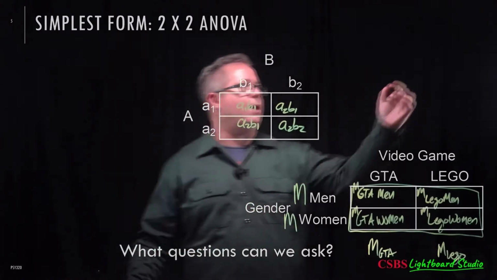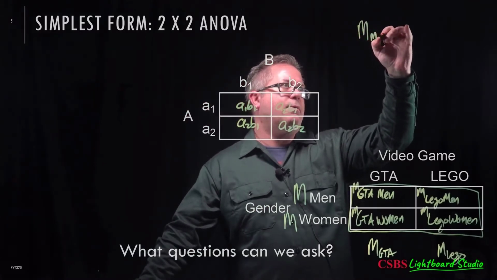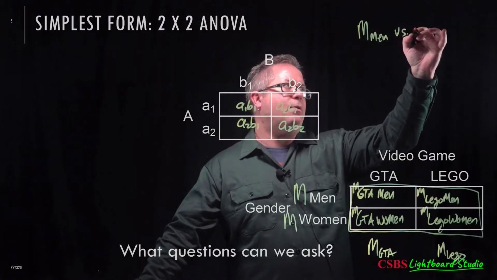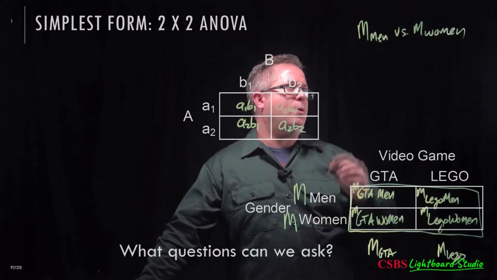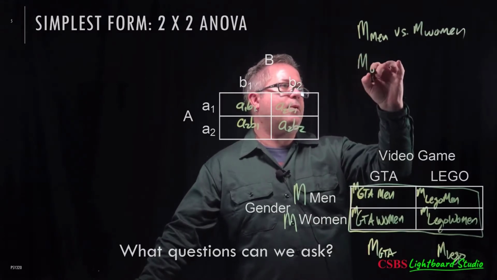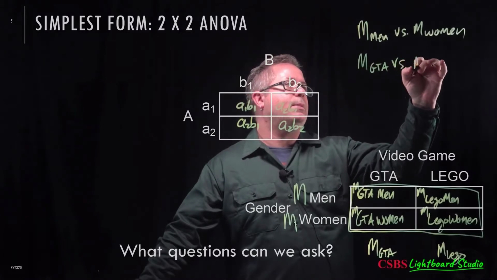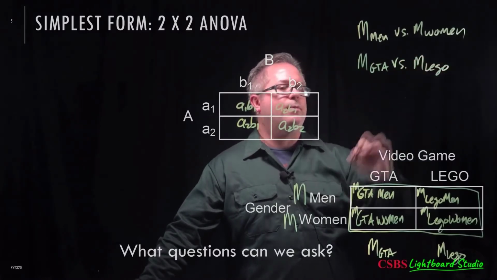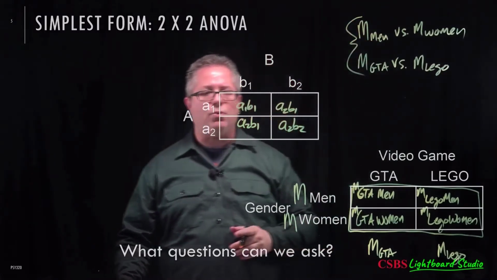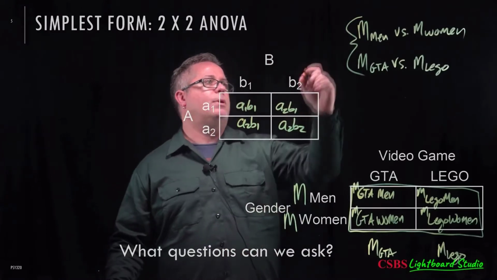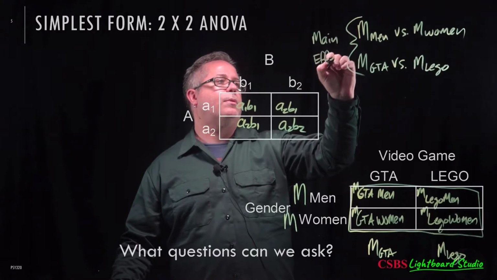So if I'm comparing, say, the mean of all men versus the mean of all women, or I'm comparing the mean of Grand Theft Auto versus the mean of Lego, right, if I'm doing these kinds of comparisons in a factorial ANOVA, they are called main effects.